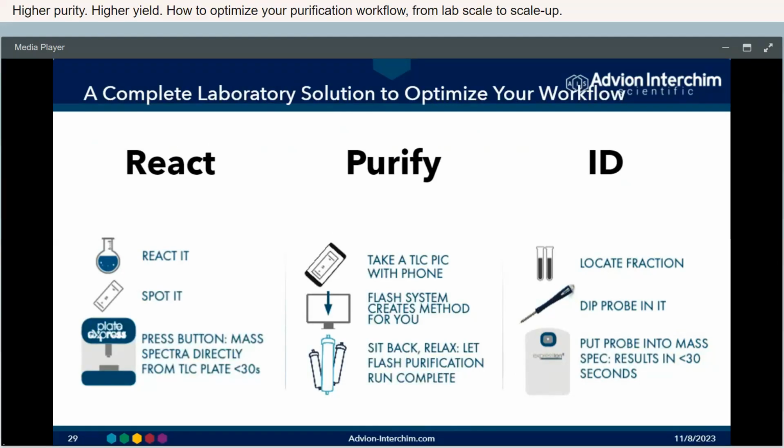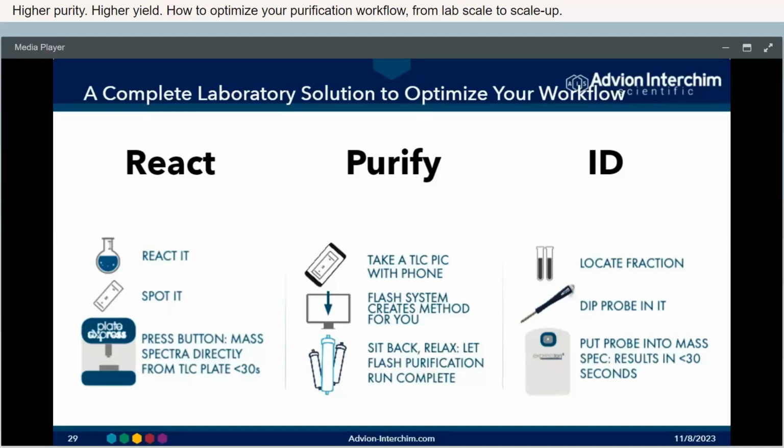So to reiterate our complete workflow, we're able to help you in the reaction monitoring process via the Plate Express. So develop your reaction, spot and develop your TLC plate, and then analyze your spots via the Plate Express.